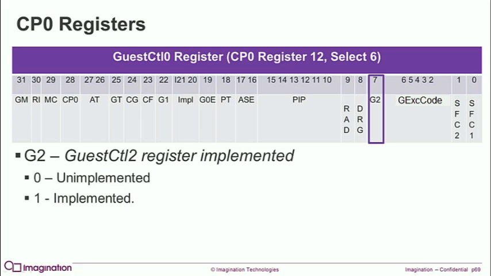If the processor is in EIC mode, then the root guest control 2 register will facilitate the hypervisor with interrupts that should be routed to the guest OS that is not currently resident.